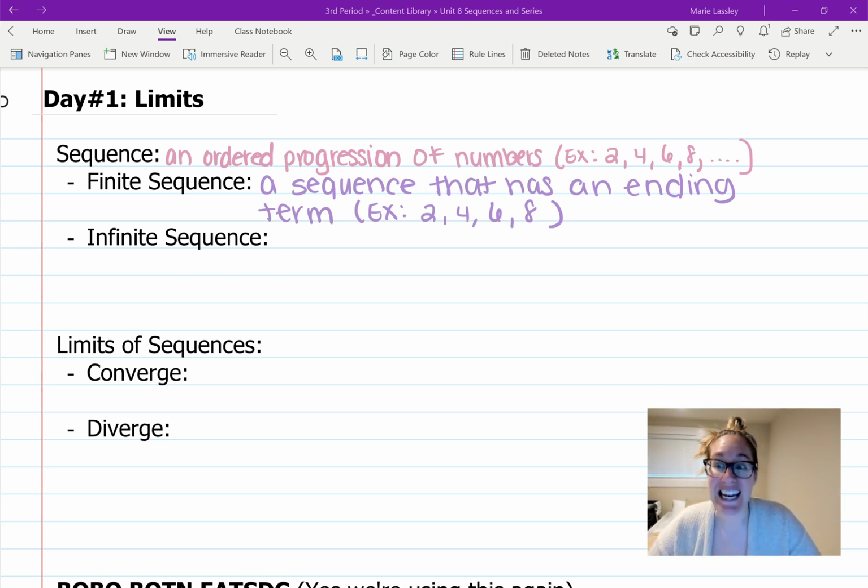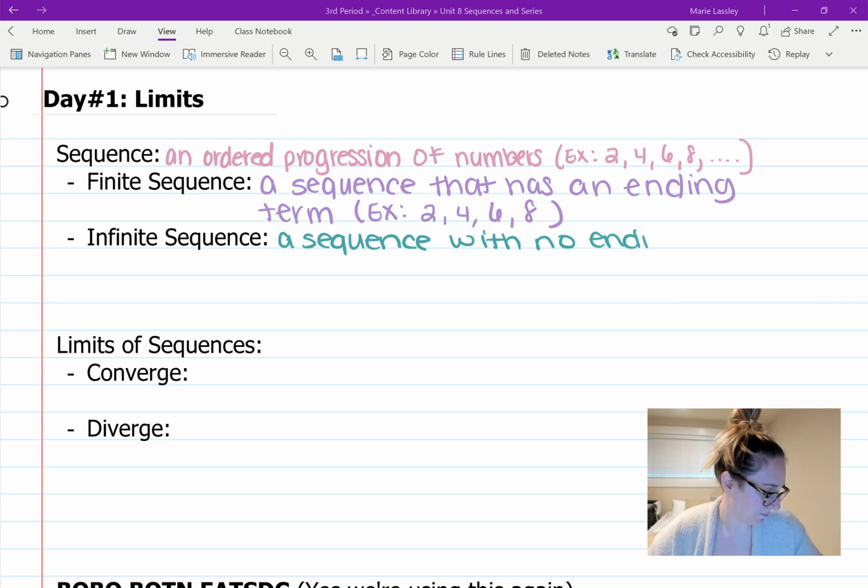As you can probably guess, an infinite sequence is a sequence that does not have an ending term. It does continue on forever. So infinite would be a sequence with no ending term. Like I said, this one is like the example that I gave for sequence.